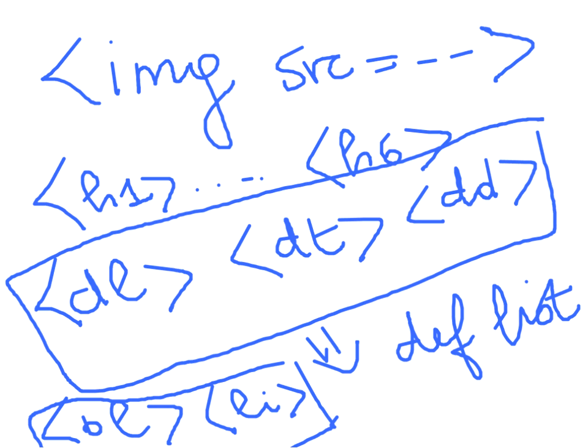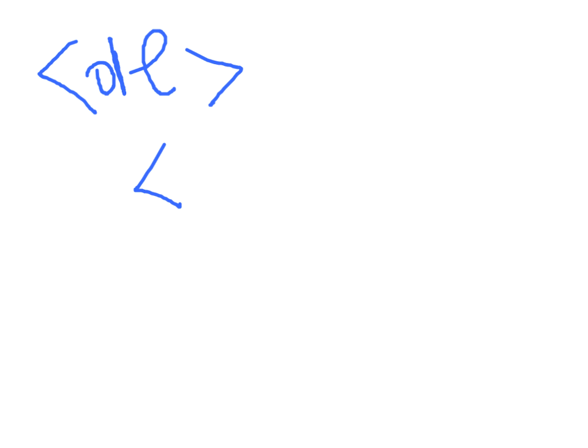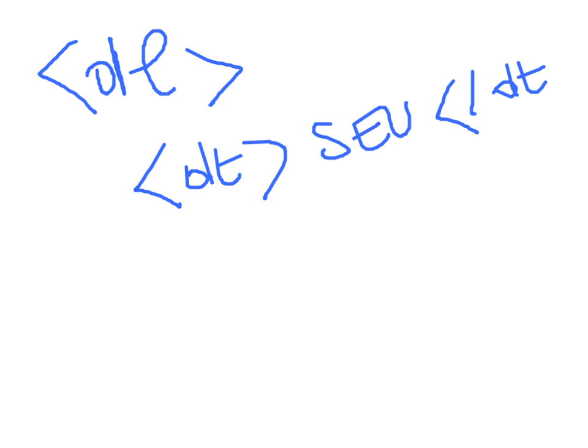DL for Manel, DL, not DD. For example, I want to create a definition list. So I write the definition list dl. After that, dt SEU and dt.